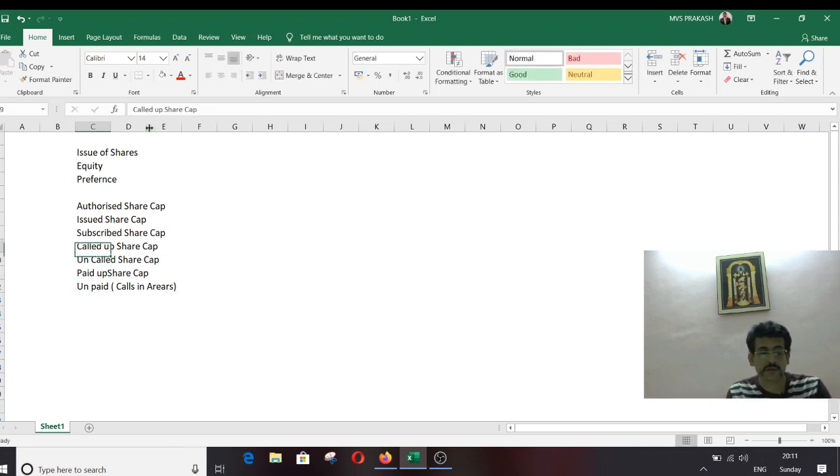Now let us try to understand these categories of share capital. Authorized is what the company can raise during its lifetime. The company can raise only the share capital which is mentioned in the authorized share capital.